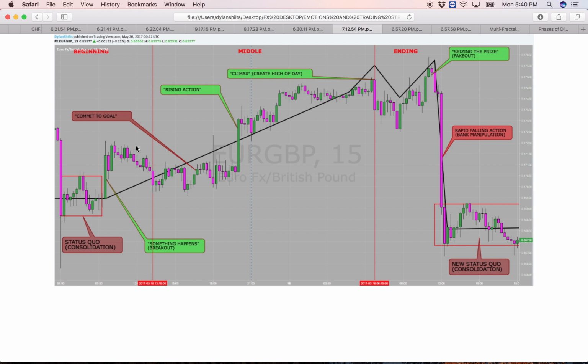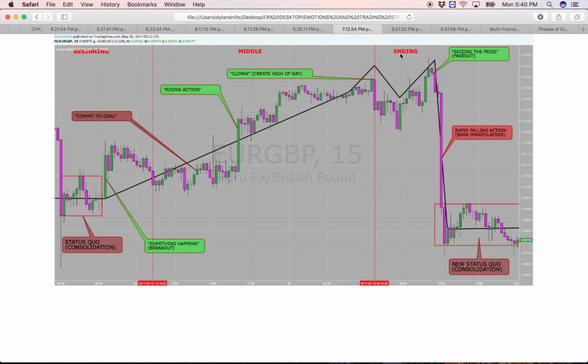The rising action, another breakout. These breakouts to the upside will induce retail traders to buy at this level. There's the climax, the high of this day, right?